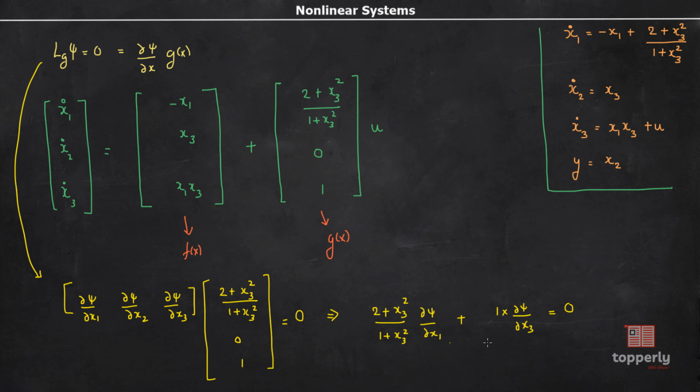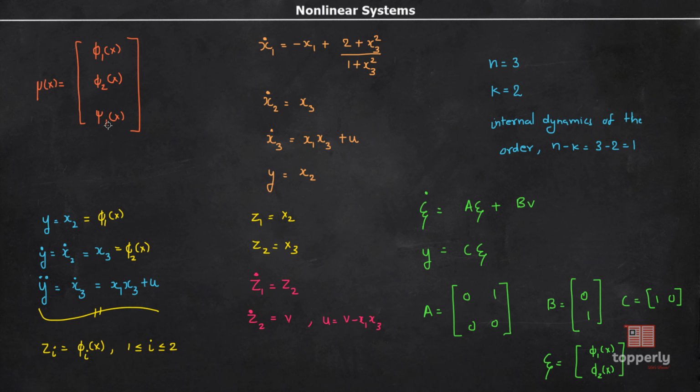We need to solve this differential equation to obtain psi, so that our coordinate transformation nu equal to phi 1 of x, phi 2 of x and psi 1 of x is complete. Now since we have only one psi, I am neglecting the subscript 1 and simply writing it as psi of x.